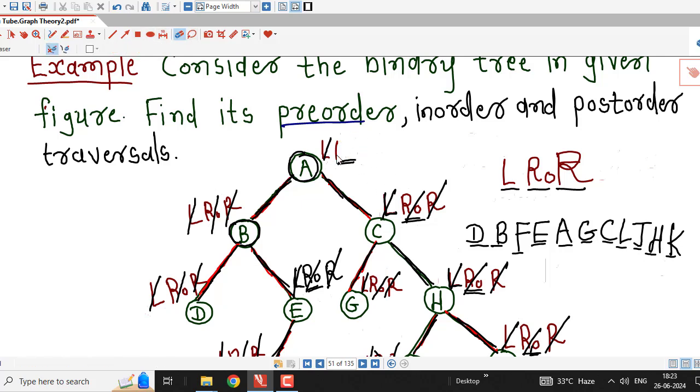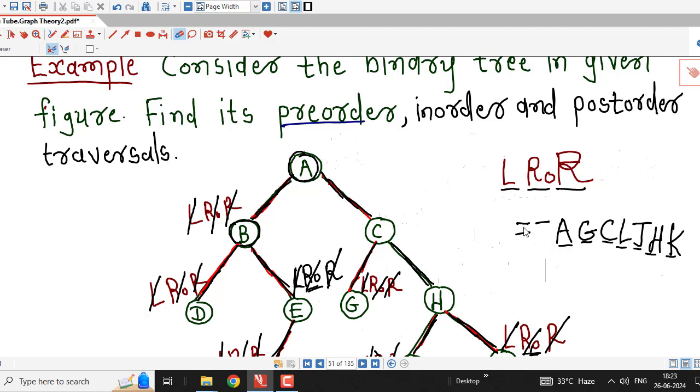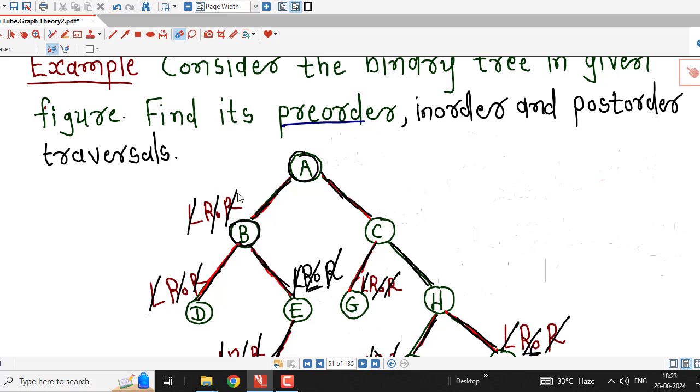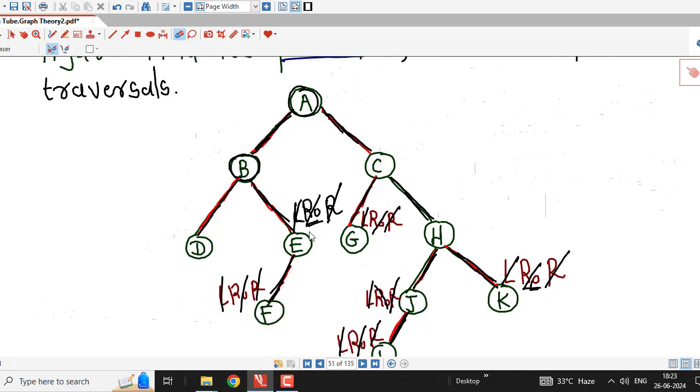For post-order traversal, first we have to consider left subtree, then right subtree, and after that we have to process the root. So what we have to remember for post-order traversal is left, right and root. For pre-order traversal, we are first processing root.